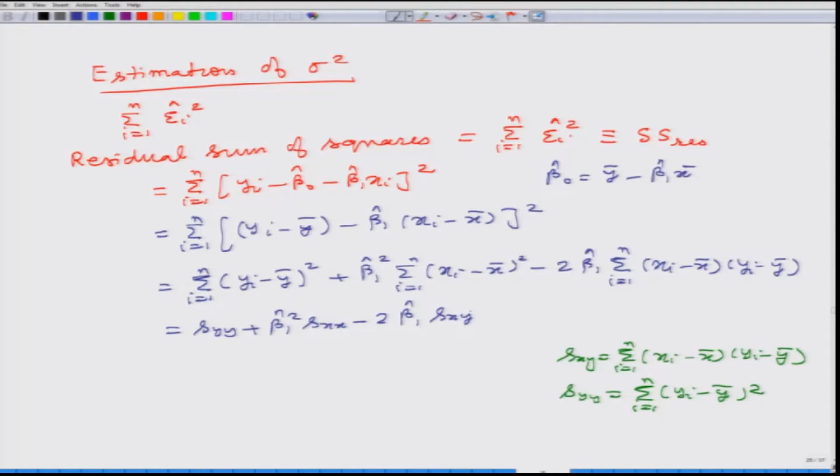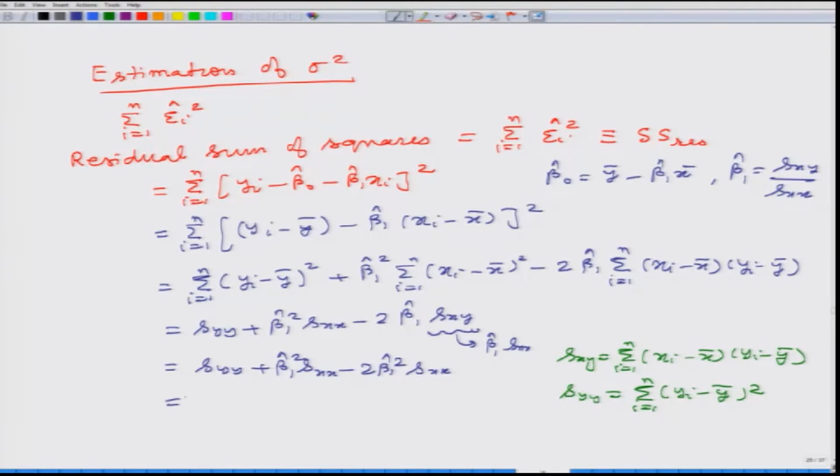And we had seen that beta 1 hat is Sxy over Sxx. So, I can write this Sxy as beta 1 hat times Sxx. So, this becomes Syy plus beta 1 hat square Sxx minus twice beta 1 hat square Sxx.